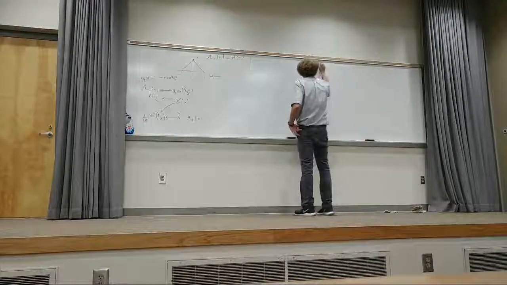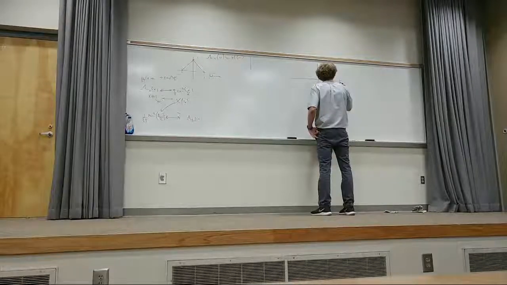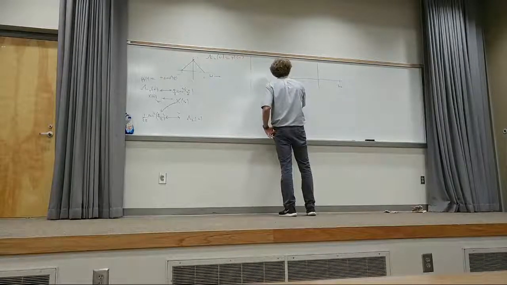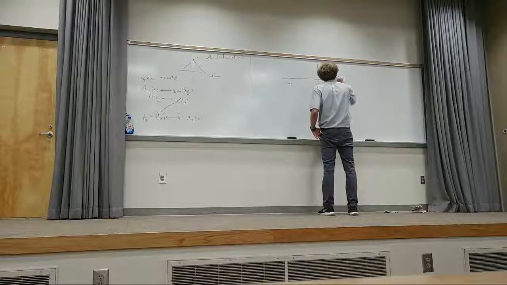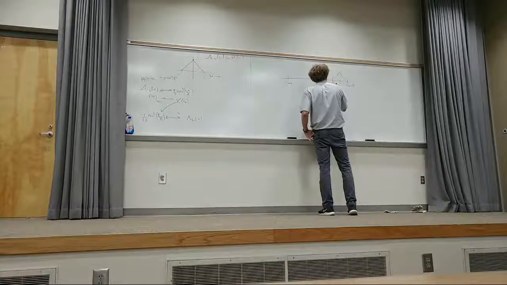If you had something like this in the frequency domain, I'm going to say this is going to be omega naught, and this is minus omega naught. Those are just arbitrary values. And then I had a function like this, where this is going to be omega naught plus b, and this point will be omega naught minus b.